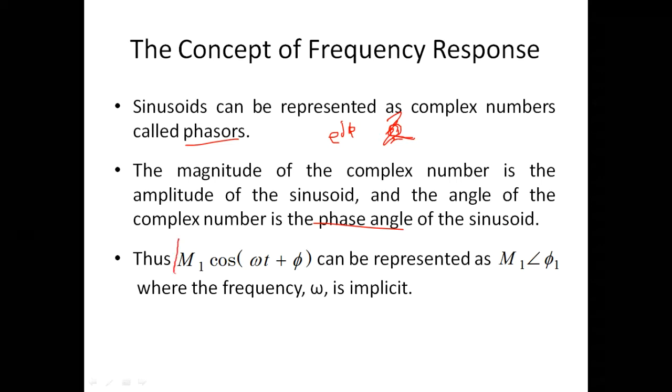So M1 cosine omega t plus phi can be represented as the amplitude M1 and the angle phi 1, where the frequency omega is implicit in this representation. We cannot see omega in this representation.